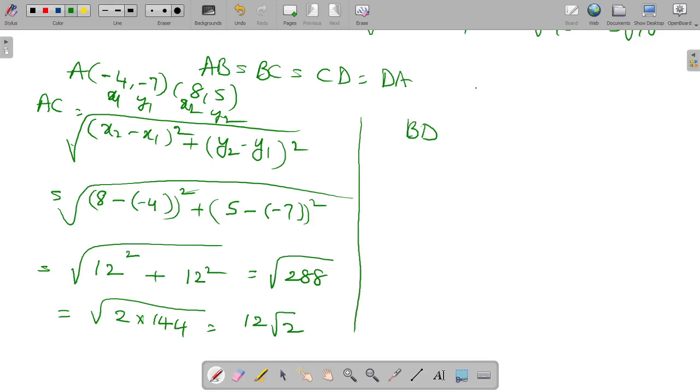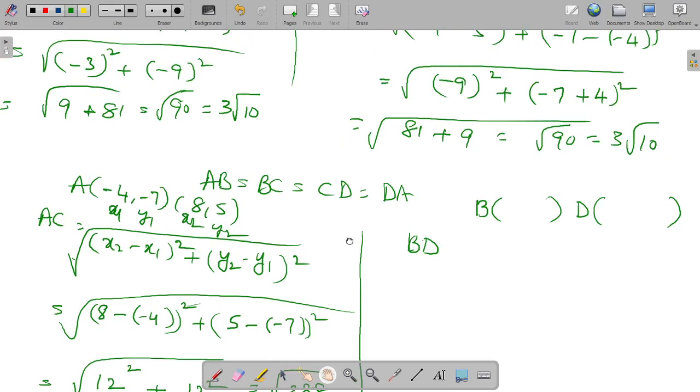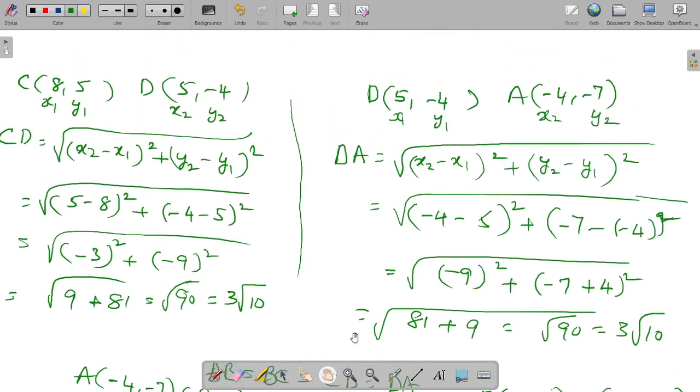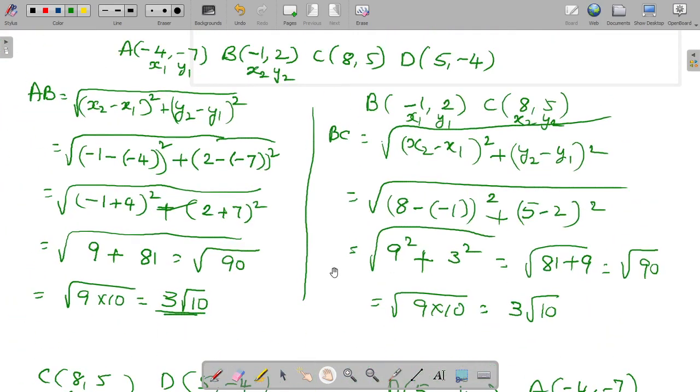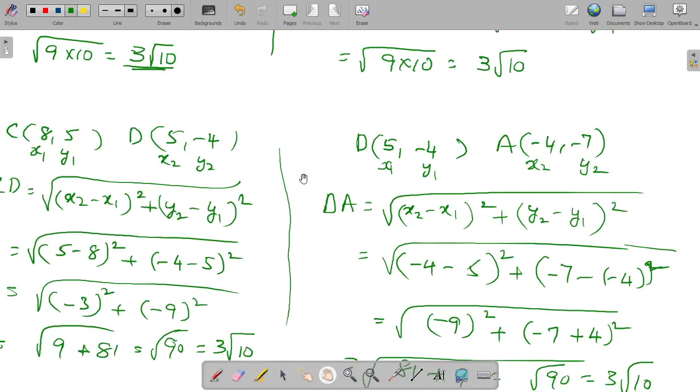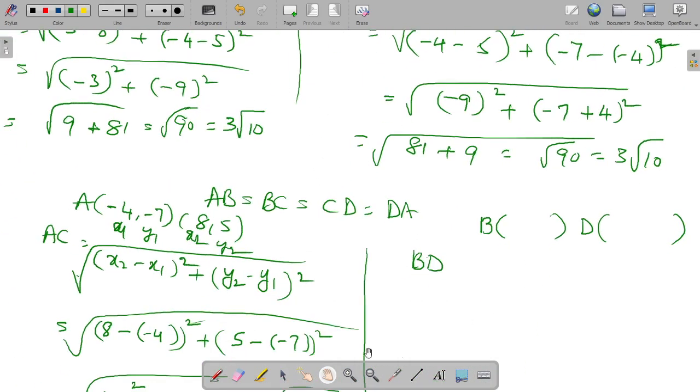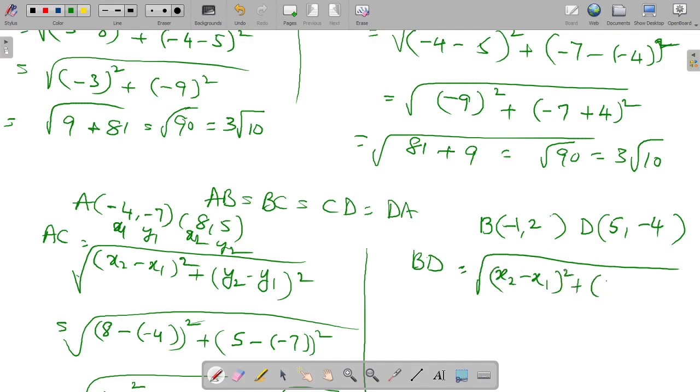Okay, in the same way, write the B coordinates and the D coordinates. B coordinates are (-1, 2) and D is (5, -4). BD is equal to the square root of (x2 minus x1) whole square plus (y2 minus y1) whole square.